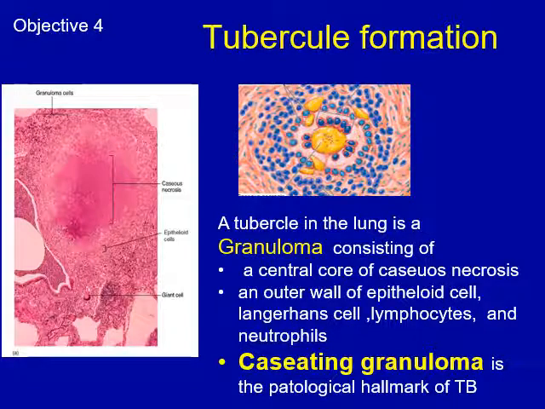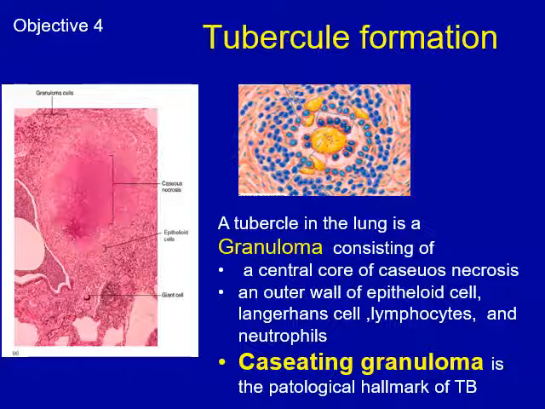How does tubercle formation occur when the bacteria go to the lung? It is surrounded by many inflammatory cells like lymphocytes, epithelial cells and giant cells. These surround the mycobacteria, and this results in central necrosis. This is called caseous necrosis.